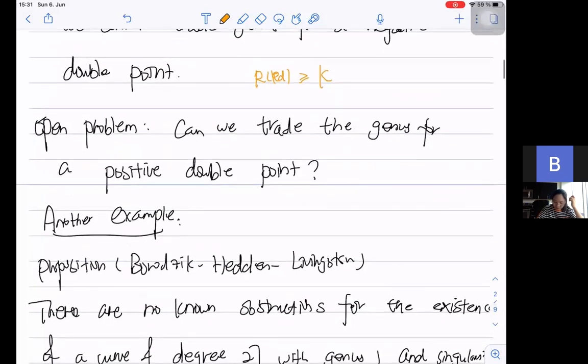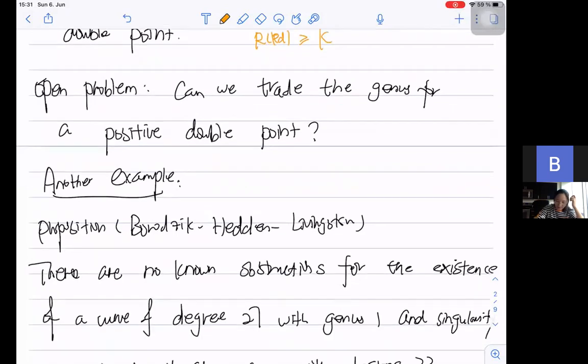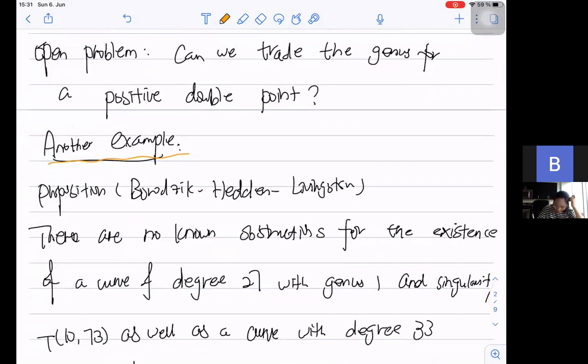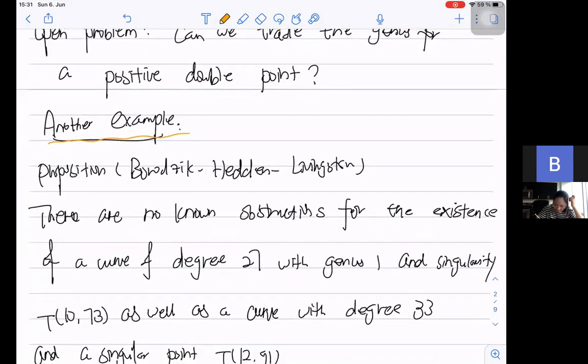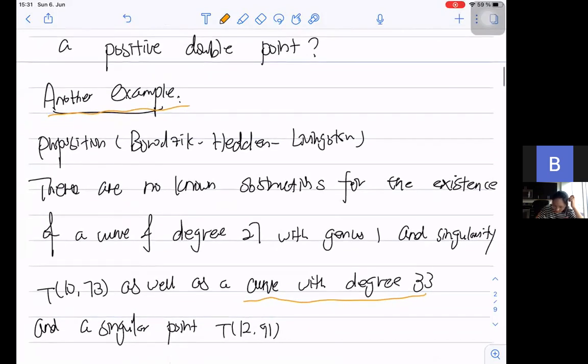Another example is also provided by Borodzik, Hedden, and Livingston. They prove that there are no obstructions for the existence of a curve of degree 7, that's genus 1, and the singularity link is T(10,73). And also there exist no obstructions for the curve with degree 33, and the singular point T(12,91).